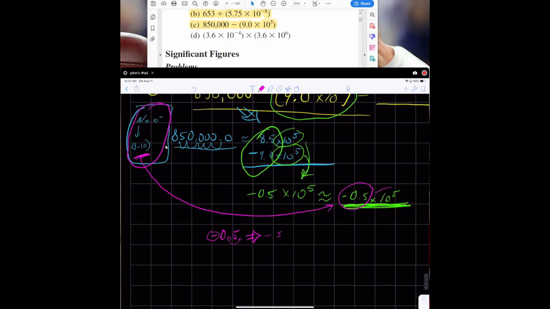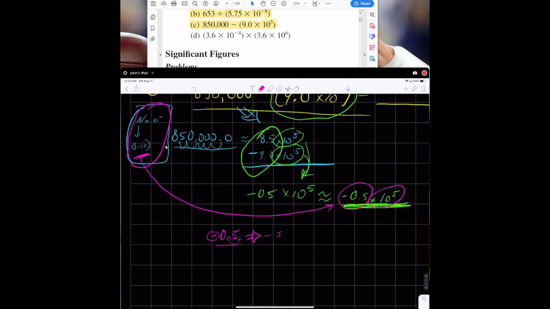Now we're going to make a change to this portion, the times 10 to the 5 power. Since we went from our original answer of negative 0.5 here, we took the decimal to the right one place. Since we're dealing with a number less than 0, that means that we have to decrease the exponent by 1 because we moved one place to the right.